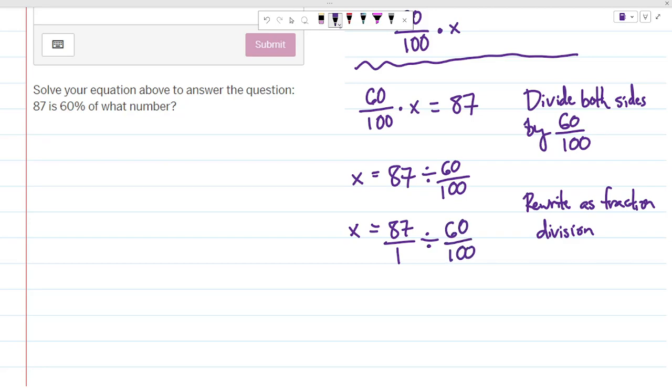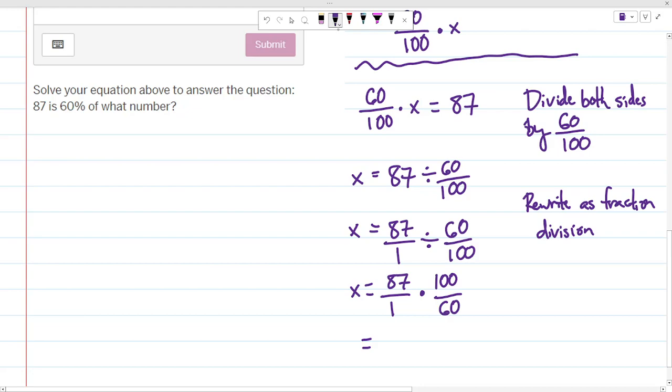And what do we do when we divide by a fraction? How does that work? We keep the dividend the same. So 87 over 1 doesn't change. And then we multiply by the reciprocal of the divisor. So this will be 100 over 60.